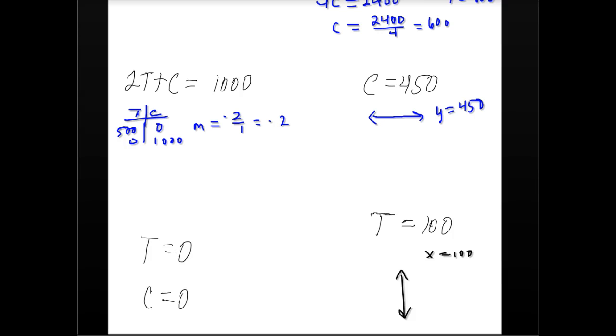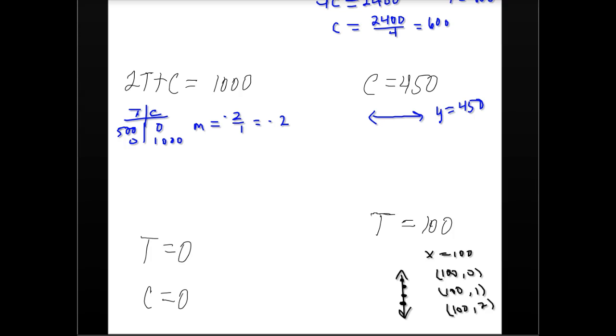So you can have points 100, 0, 100, 1, 100, 2. And of course that's going to be our boundary on the left side of our feasibility region.